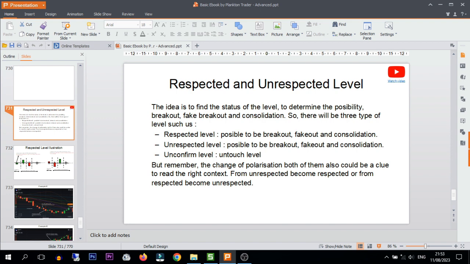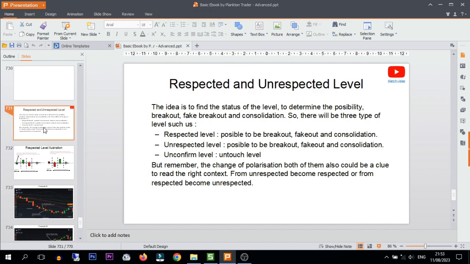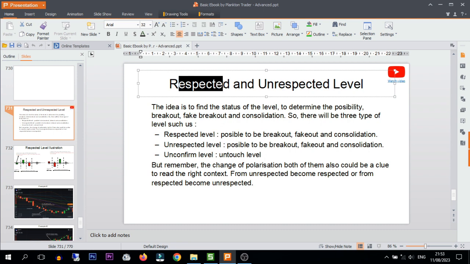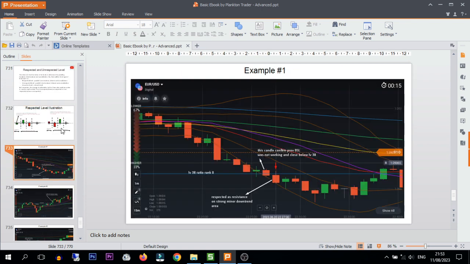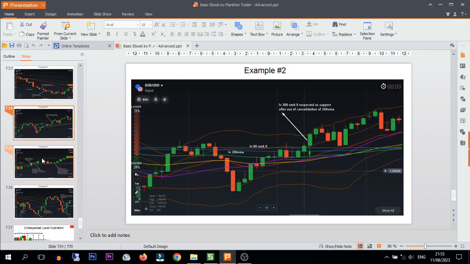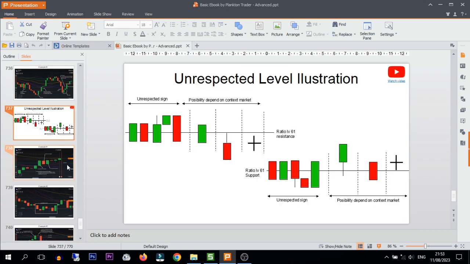And respected and unrespected levels. You have to know what the respected and unrespected levels are. All are confirm levels: respected is touched by the wick, unrespected is touched by the body. I explain here what happens on those levels, because a breakout happens, or a consolidation happens.